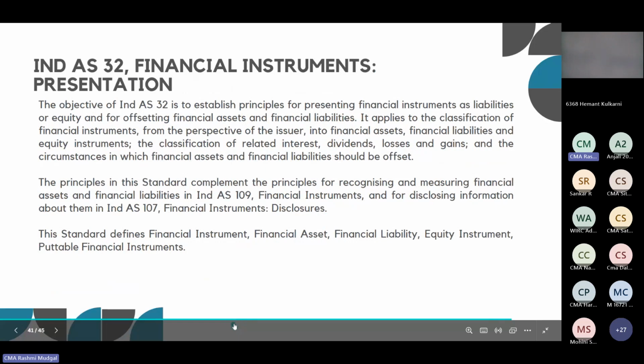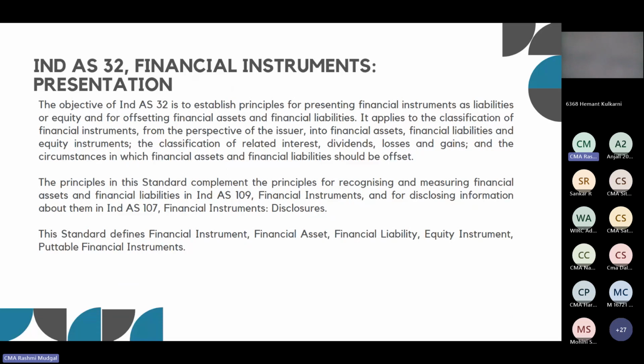Next is Ind AS 32, financial instruments: presentation. The objective of Ind AS 32 is to establish principles for presenting financial instruments as liabilities or equity, and for offsetting financial assets and financial liabilities.